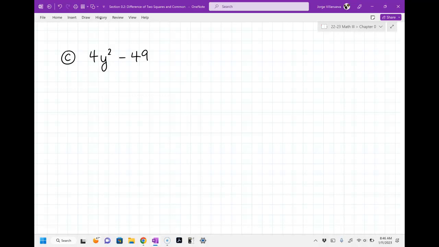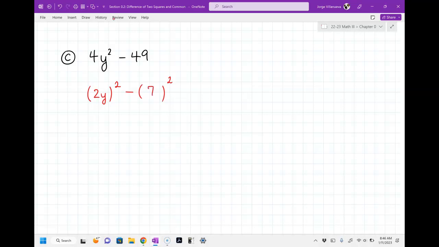So then you got to say, well, do they have a way of writing them as squares, right? So let me put something squared minus something squared. What squared becomes 4y squared? 2y. And what squared becomes 49?